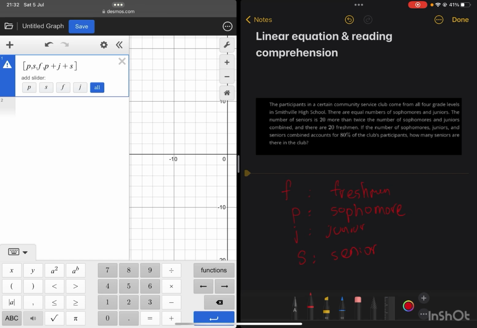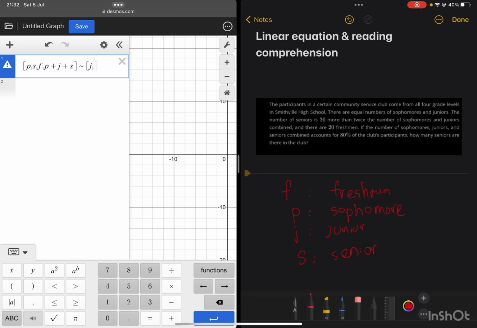Then I'm gonna put the similar-to symbol and another square bracket. The passage says there are equal numbers of sophomores and juniors, so P as our sophomores corresponds to our juniors. So I'm gonna put J over here.